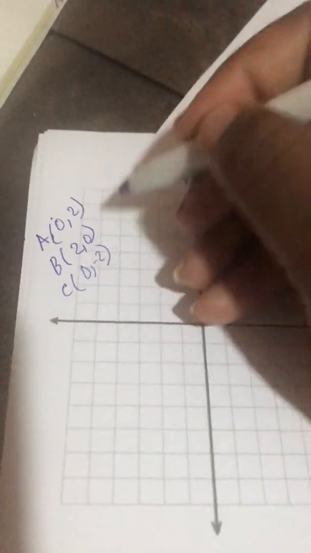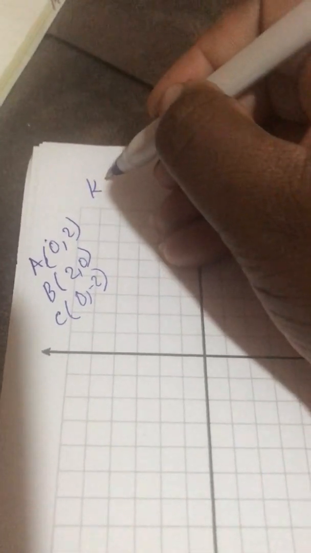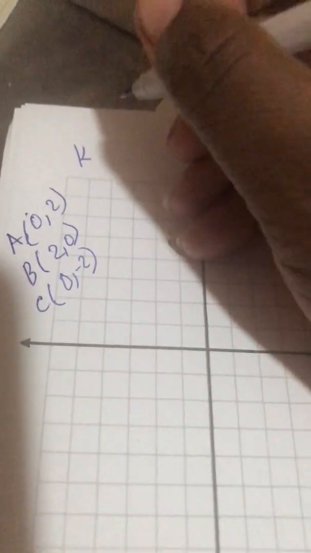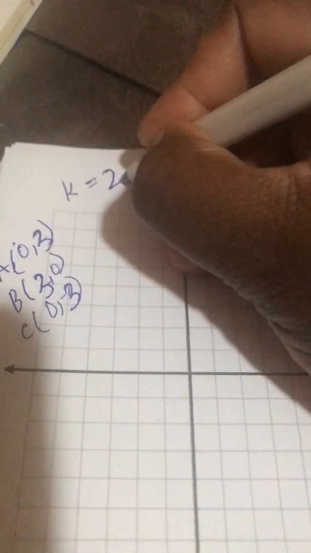B is 2, 0. And C is 0, negative 2. And your K is, change these numbers. You have 6? Yes. Change these numbers to 3. Okay? Your K equals 2.